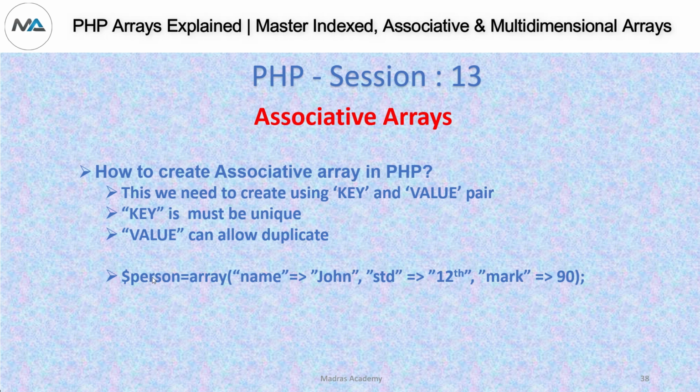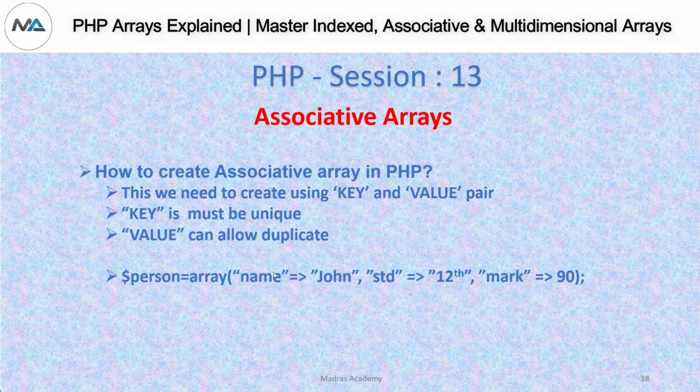How to create it? Here I created $person as a variable equal to array, and within the parenthesis I used key and value, like this. Using the equal to and greater than symbol, we need to assign the key and value pair.